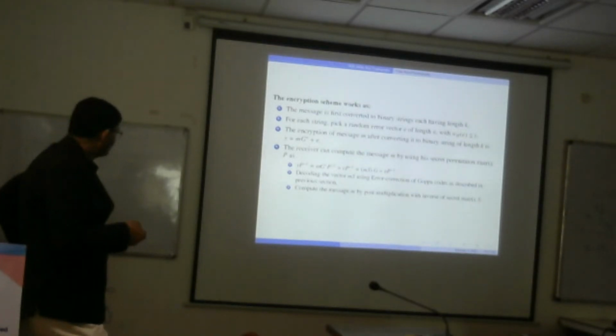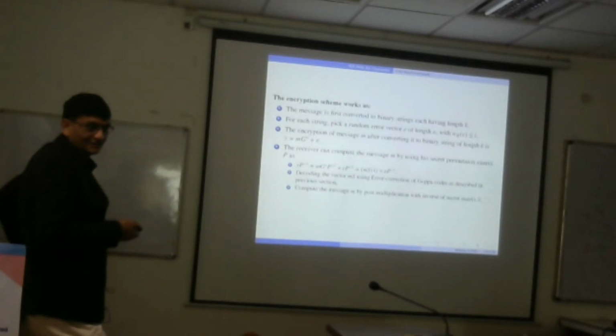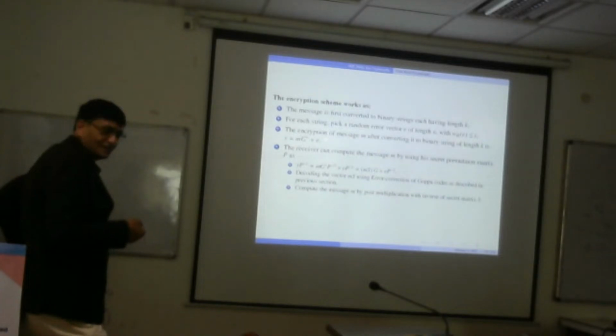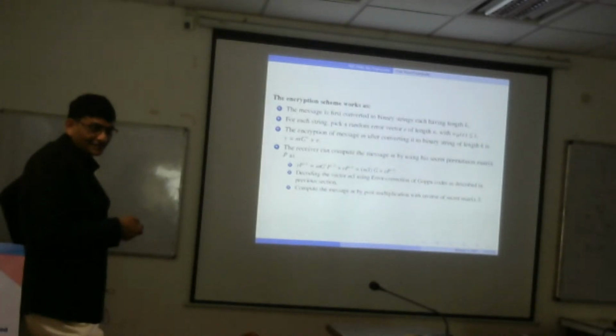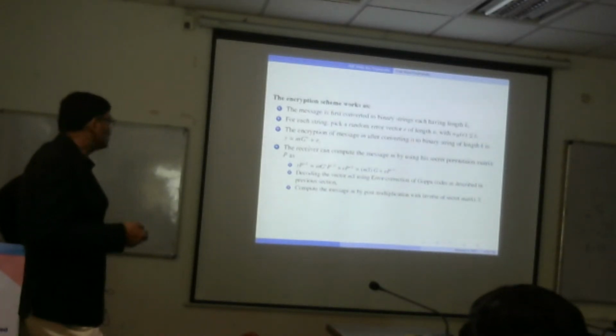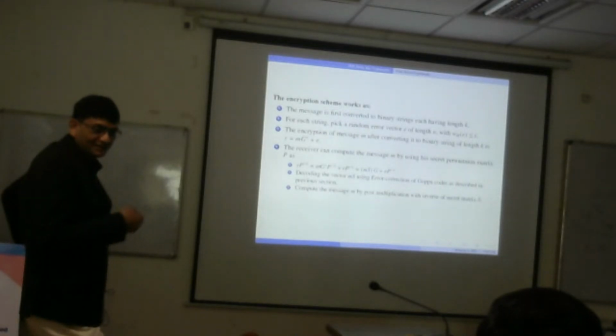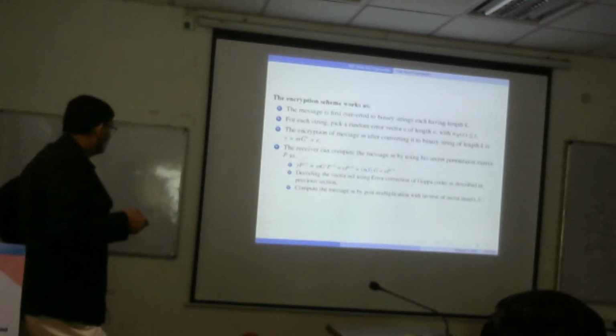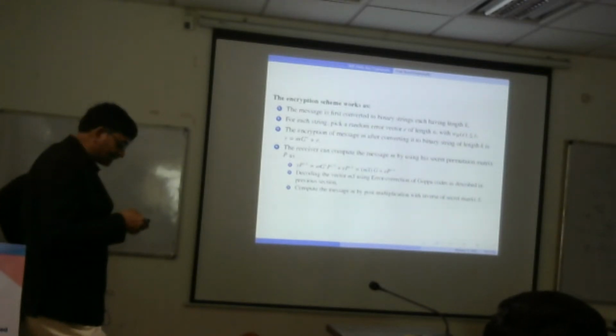Now you can see the complexity: what is the size of this vector? If you know the error in advance, then you can try to break the system. So here we have introduced the error, just like in lattice-based cryptography.